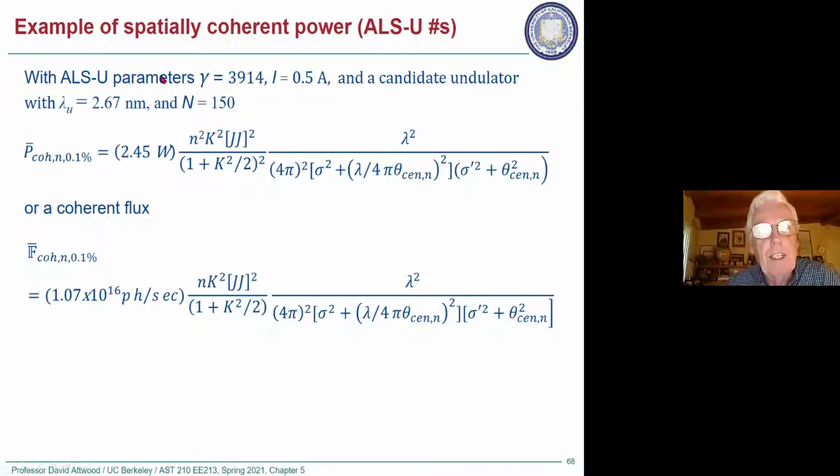For the ALS parameters, this is what the formulas start to look like, and you can use these in that homework problem. This is in practical units for power. This is in practical units for photon flux, making the approximations I told you about, which was to leave out this part and leave out this part.